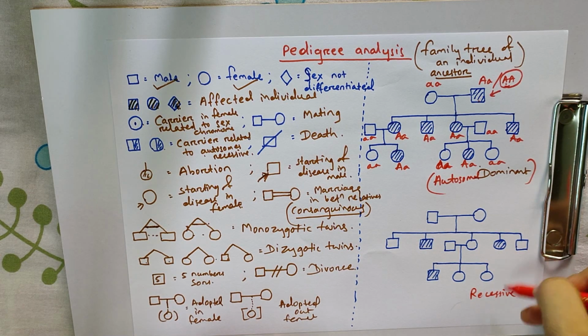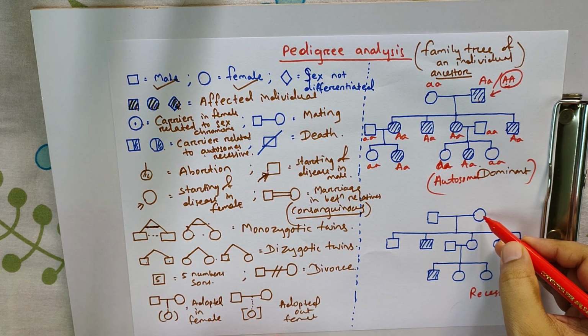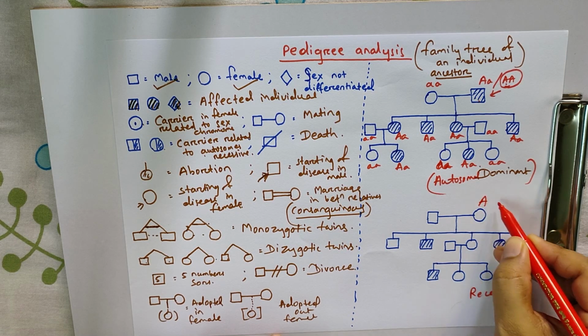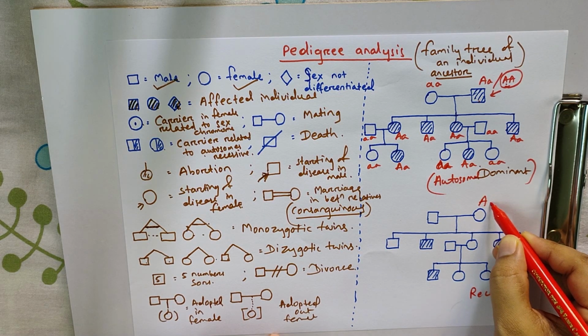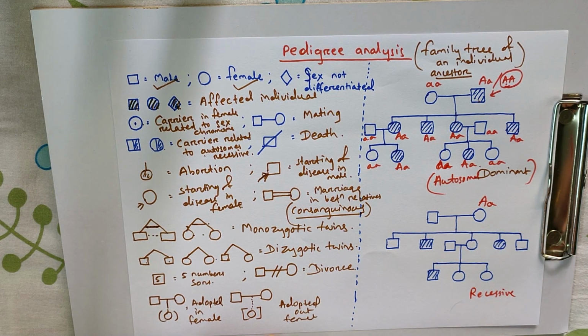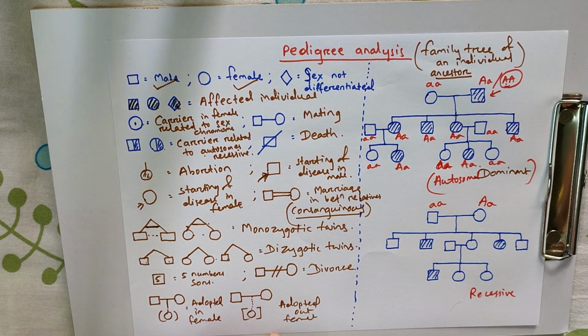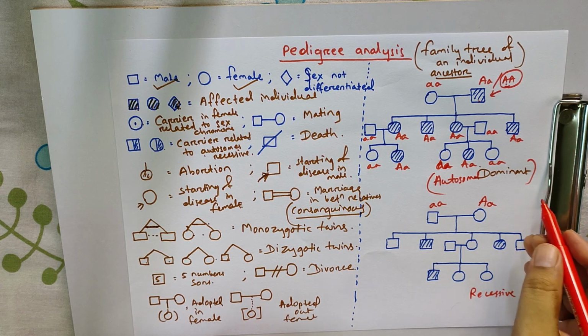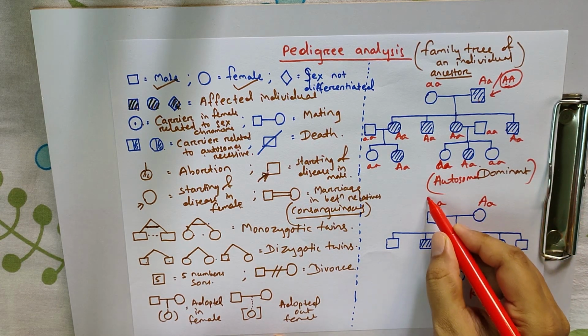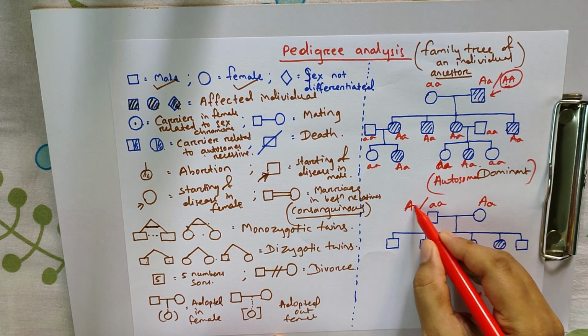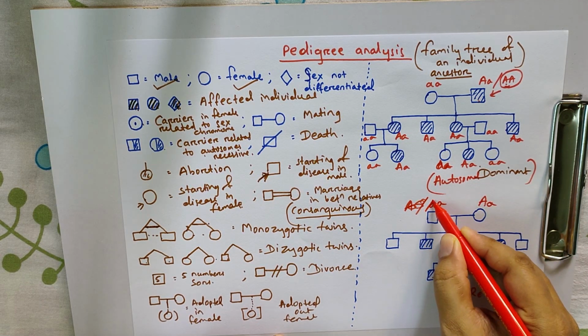If it is recessive and it is the carrier, suppose it is this type.